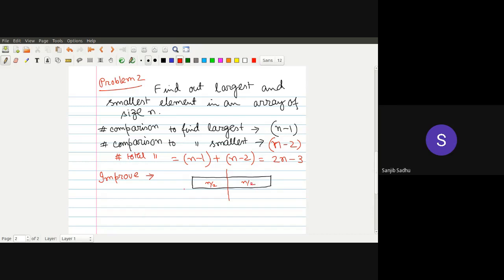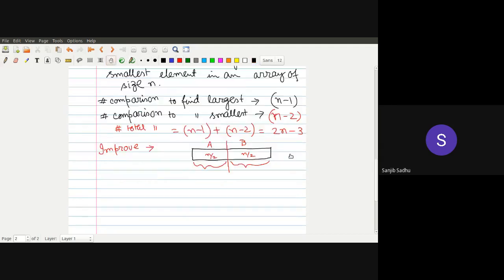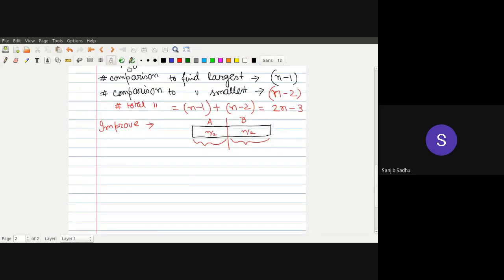Now you find out the largest and smallest from this portion, and the largest and smallest from this section. Or you can say that this is the array A, and this is B. Now, how can I find out the largest and smallest from this? I will recursively decompose it again.